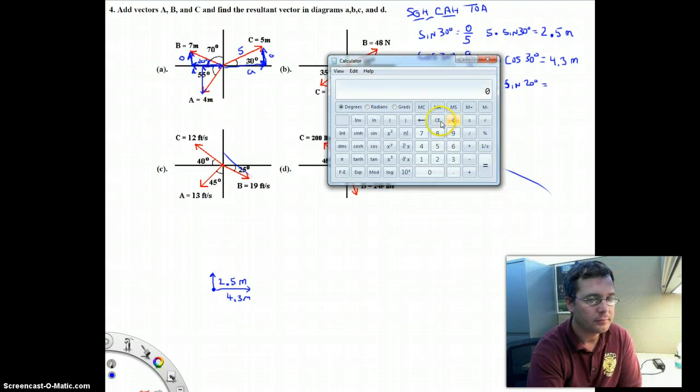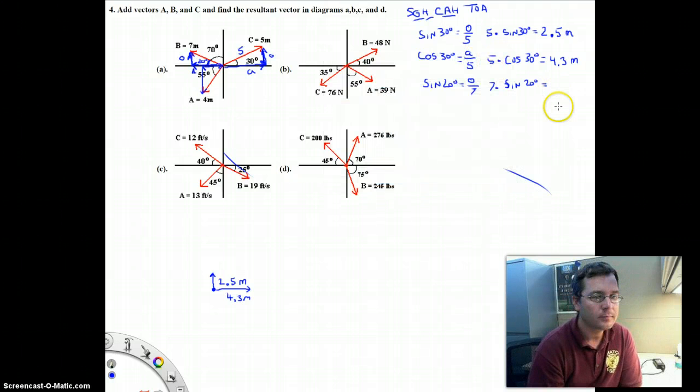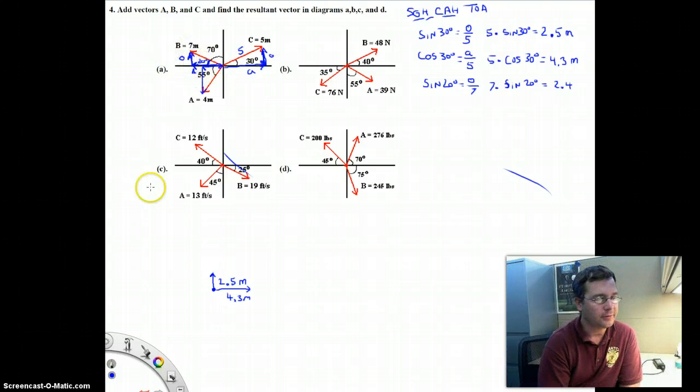So 20, we're in degrees mode, sine times 7 is about 2.4. Now, if you think about the horizontal component of triangle B here, it's to the left. So we'll draw in a vector this way, 2.4 meters.